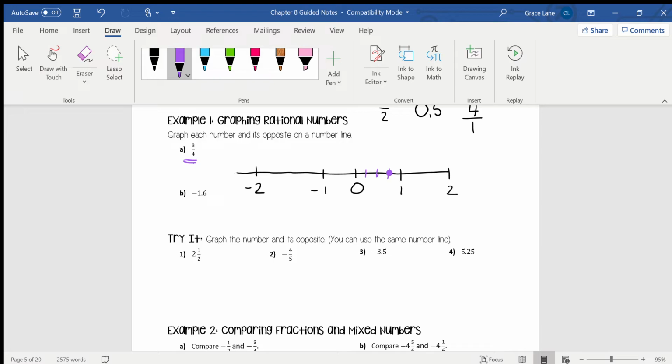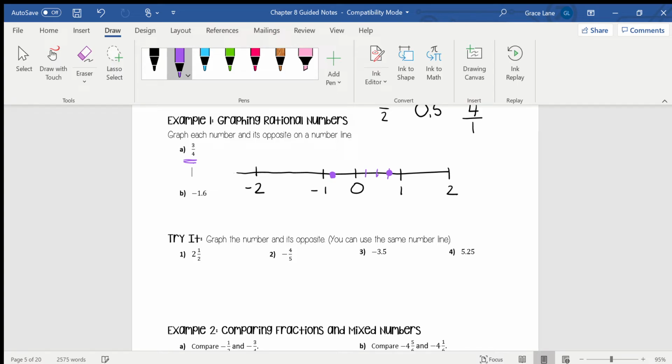And when it says graph its opposite on the number line, again, when we're talking about opposites, it means the same number of spaces from 0. And so on the other side, I know that the opposite would be -3/4, and it would be right here.